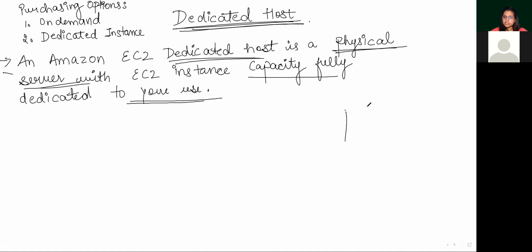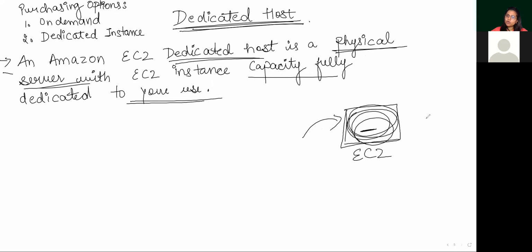Nobody else can share that hardware with you. This is your EC2 instance. All the services provided in this EC2 instance will be accessible only by you. No other EC2 instance or other dedicated host or anything can come and interrupt the hardware services.